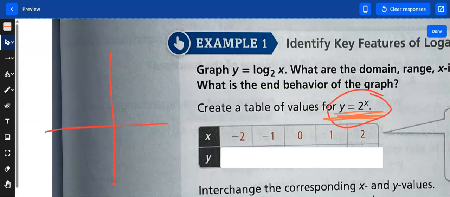I know, but we'll get to that part. I'm asking about y equals 2 to the x. Definitely not quadratic.